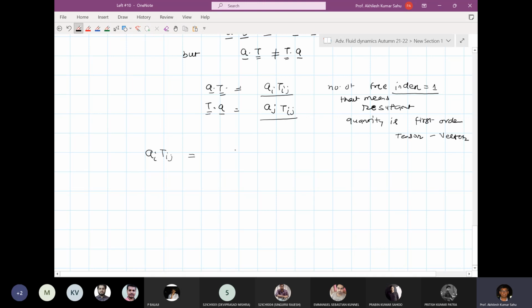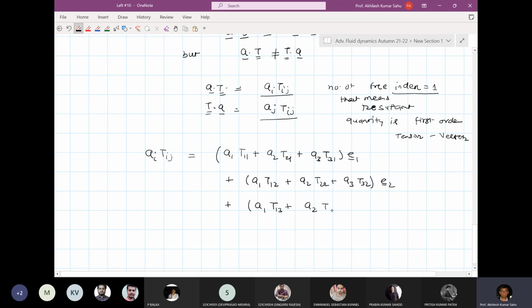So if I expand this, it will be like this: (A1 T11 plus A2 T21 plus A3 T31) times E1, plus (A1 T12 plus A2 T22 plus A3 T32) E2, plus (A1 T13 plus A2 T23 plus A3 T33) E3.